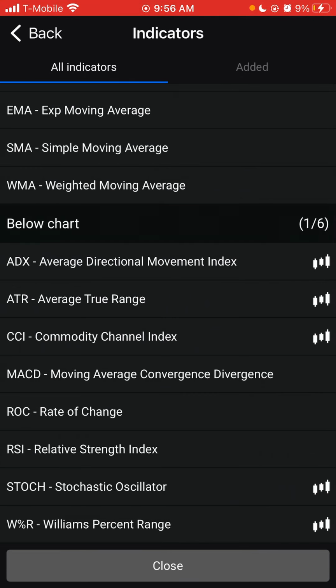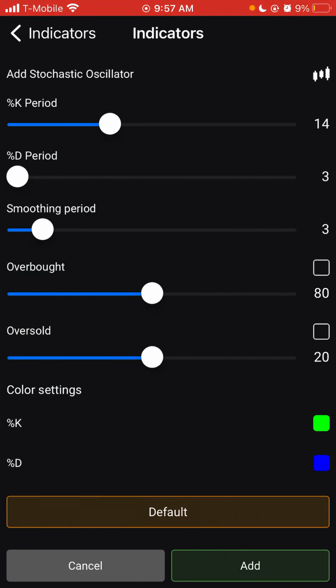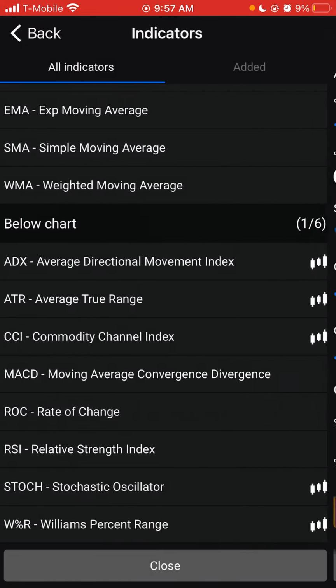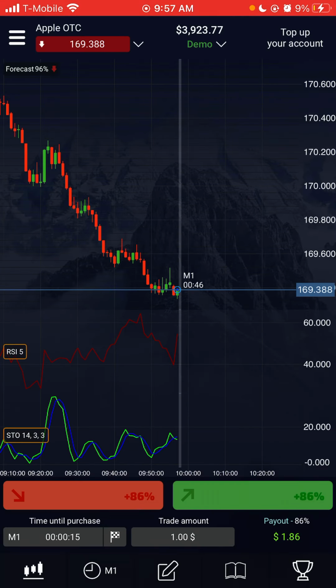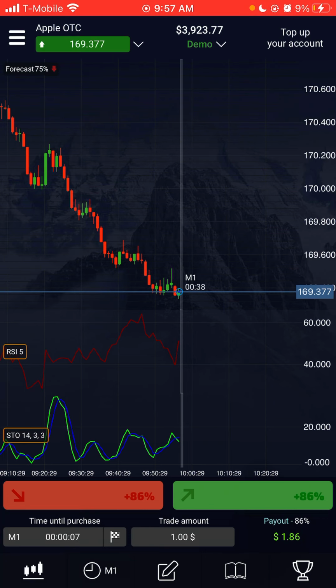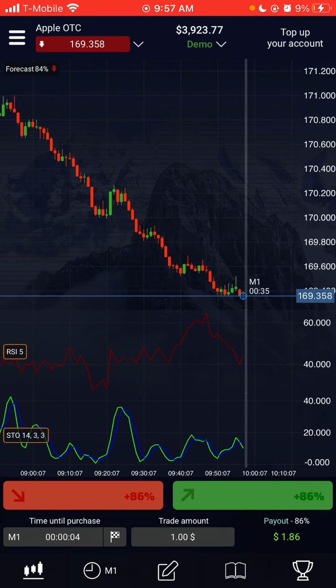And for the stochastic, you can keep that as is. 14, 3, and 3. So when you add that, that's how that will look on your actual screen. All right? That's how that will look on your actual screen.